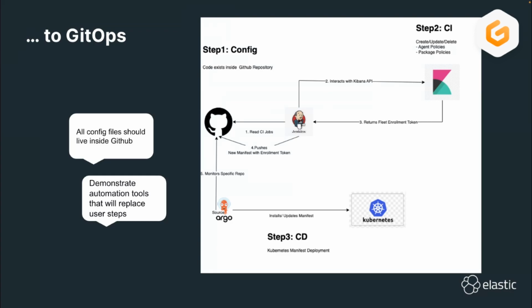Jenkins, in our case, is used to retrieve the initial code from Git and do the configuration inside Elasticsearch. Then Argo CD is the tool to take the manifest and install it inside the Kubernetes cluster.